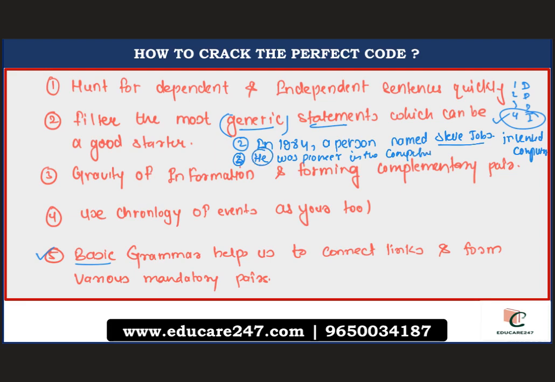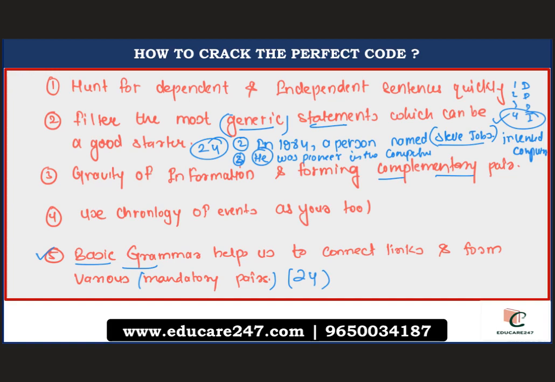So this he refers to Steve Jobs. This pronoun has helped us to link sentences 2 and 4. So this order will be 2 and 4. This is what I mean by forming complementary pairs using basic grammar. These are also called mandatory pairs. So in this case, it is 2 and 4 as a mandatory pair.